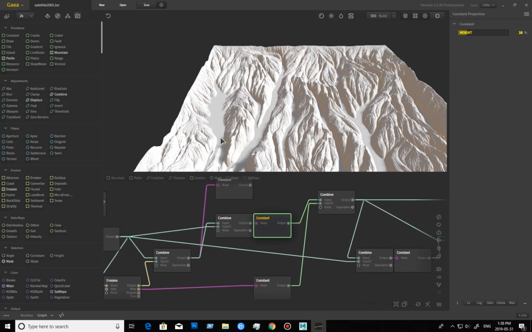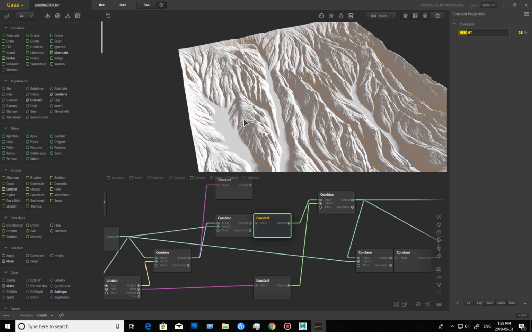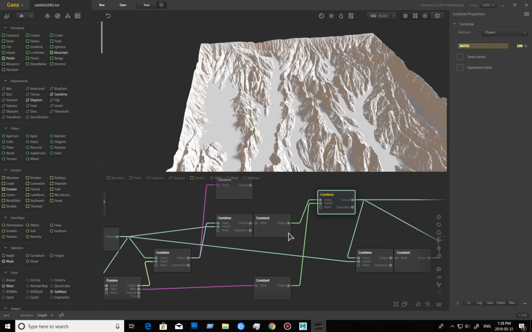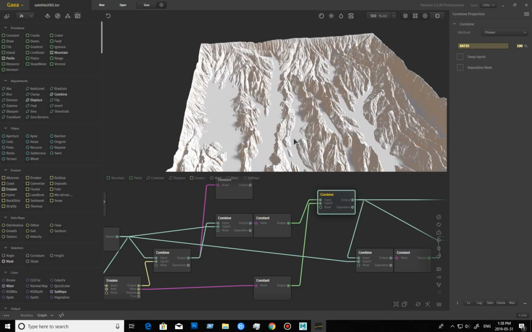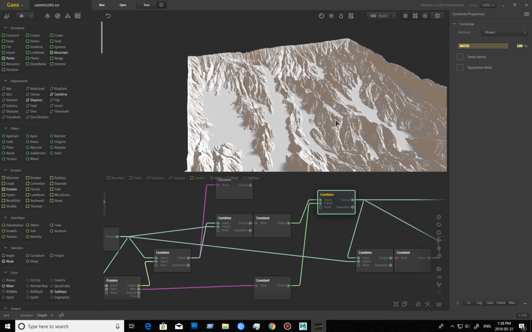Then I wanted to eat away at shape even further, and in order to just definitively eat away at its shape, I took the wear values from the erosion, separated them off, and I went with power. So power, keep in mind that I've also reduced the height of this terrain, so the two of them combined together provided me with very defined peaks.